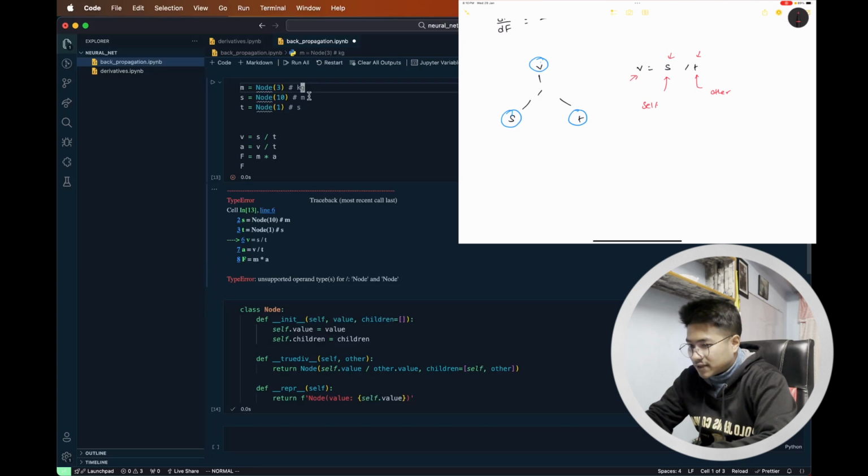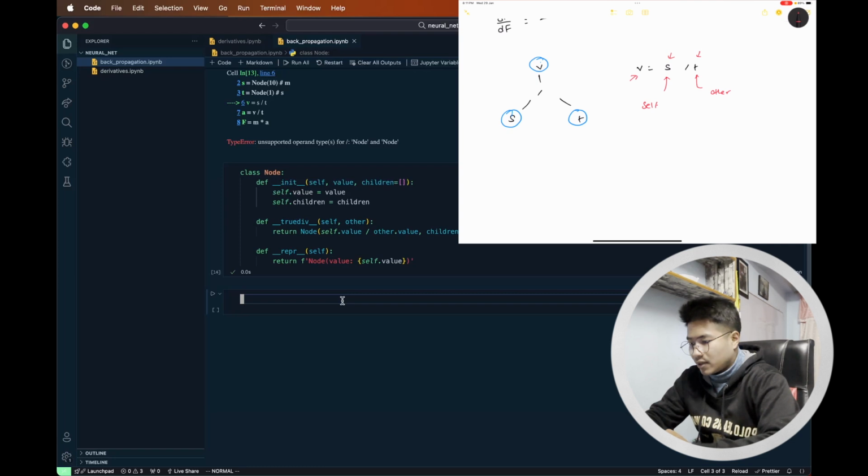So let's just remove that node definition over there. Oh, why is this thing not deleting? Interesting. Yeah, whatever.